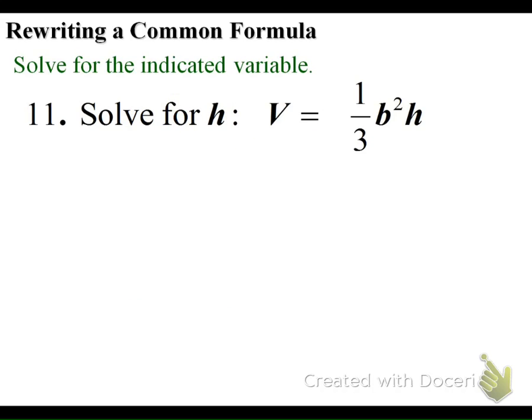The major difference in this last one is that fraction, so think back to what we talked about. And again, figure out how to get that h by itself. Anyone know? If I want to take care of that fraction first, what would I do?